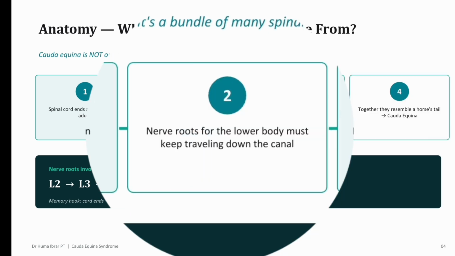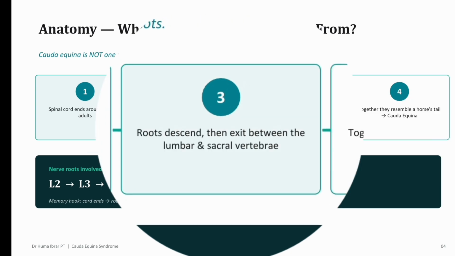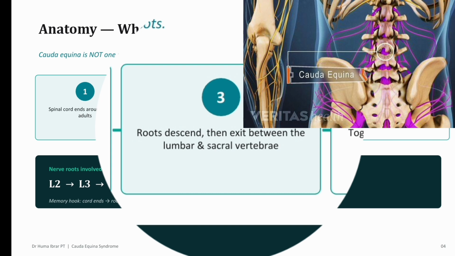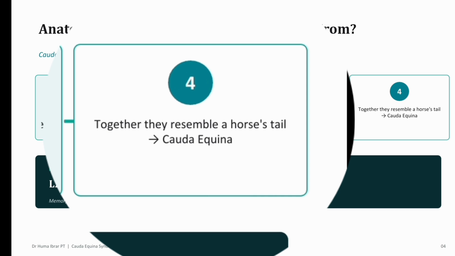But the nerve roots that need to go to the lower parts of the body have to travel further down inside the spinal canal. These nerve roots descend from the lower spinal cord and then exit through the openings between the lumbar and the sacral vertebra. Together, these long descending nerves look like a horse tail. So, they are called Cauda Equina.